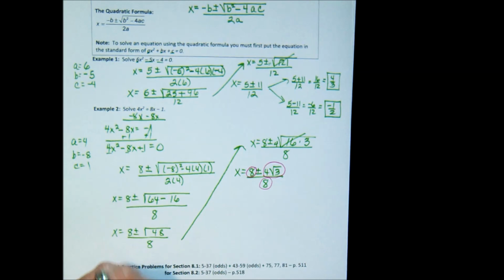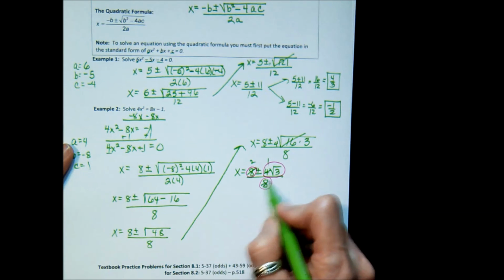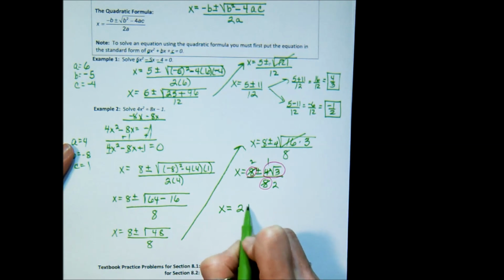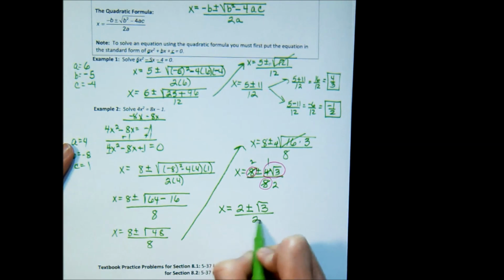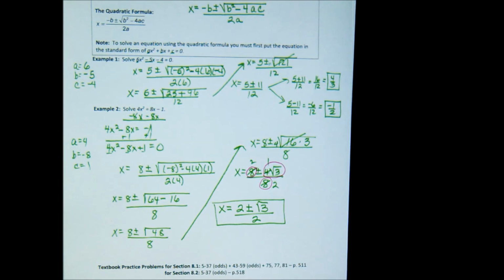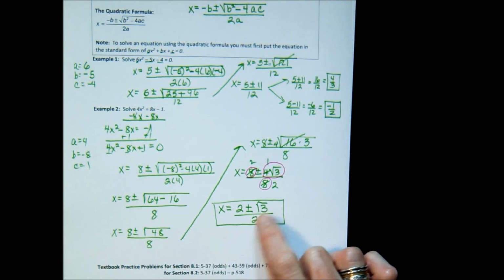What will go into all 3 of those terms? 4. So 4 goes into 8 twice, it goes into 4 once, it goes into 8 twice, and you get 2 plus or minus 1 radical 3 over 2. And no, you cannot cross cancel those 2's, remember, unless the radical 3 had something that would also cross cancel.